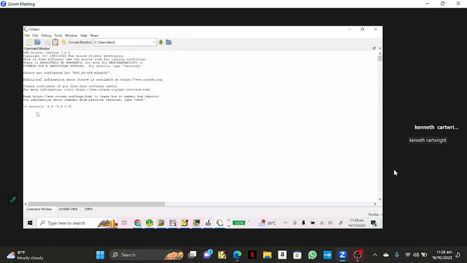Close square brackets, close other brackets. And there are the roots right there, just like Mr. Beauchamp said. So if you don't have a fancy calculator like Mr. Beauchamp, you can use Octave.